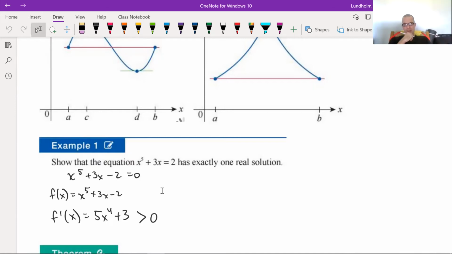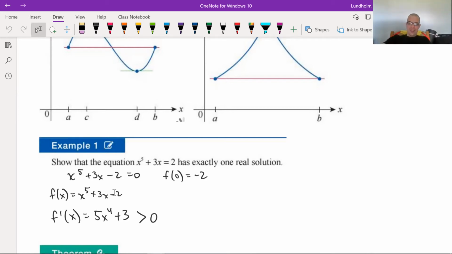Gosh, how do we use Rolle's theorem? I know it's a proof by contradiction. I guess, in plain English, what we would have here is, all right, we know our derivative is always going to be positive. That means it's always going to be growing from left to right. And the y-intercept is -2.